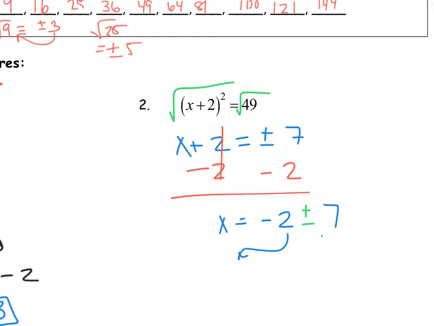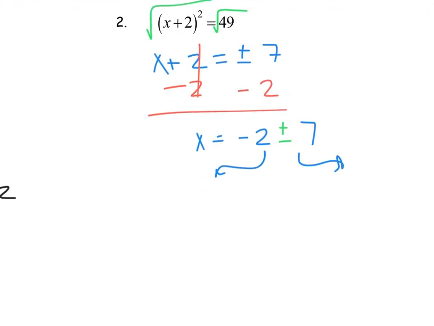I break it up into x equals negative 2 plus 7 and negative 2 minus 7. Negative 2 plus 7, I break it apart. If you don't know how to do negative and addition in your head, just use a calculator. I get 5. You should not be using a calculator, though, for this section.